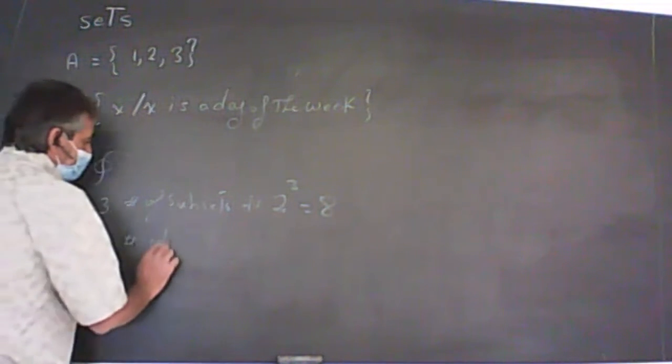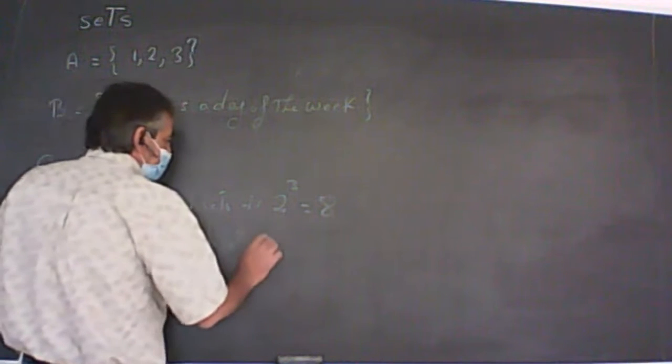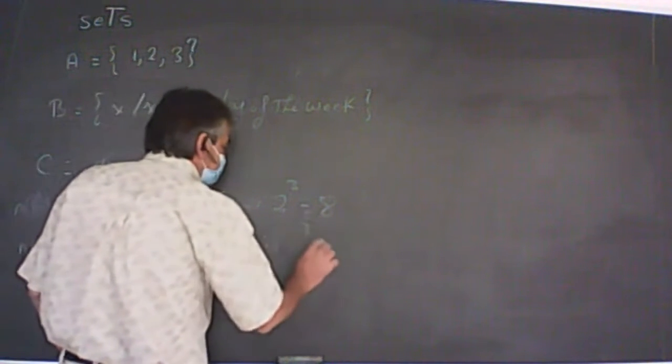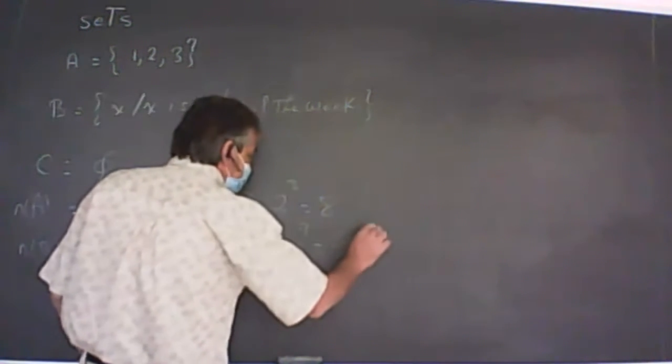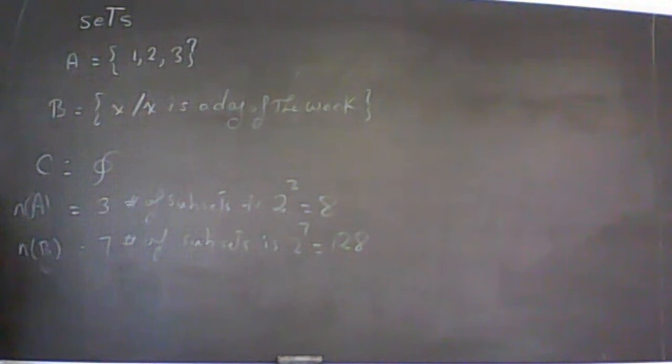So the number of subsets is 2 to the power 7, which is 128. And then the number of proper subsets, if we were asked, would be 127. Okay? How about C? What's the number of elements in C?